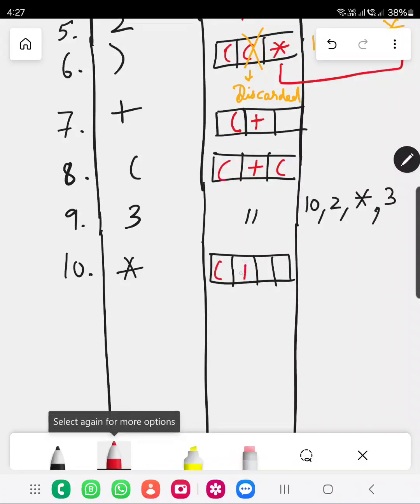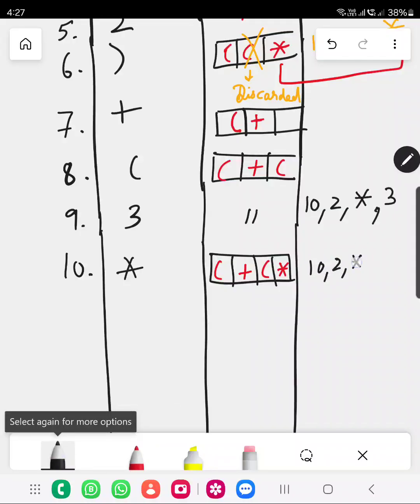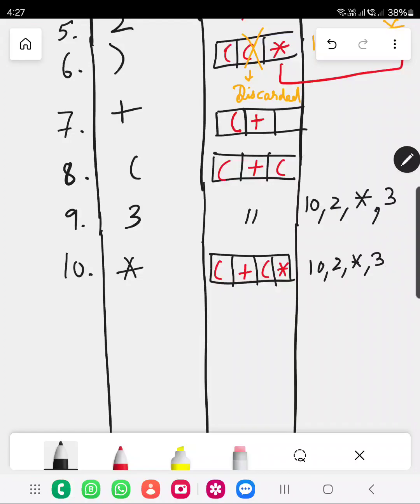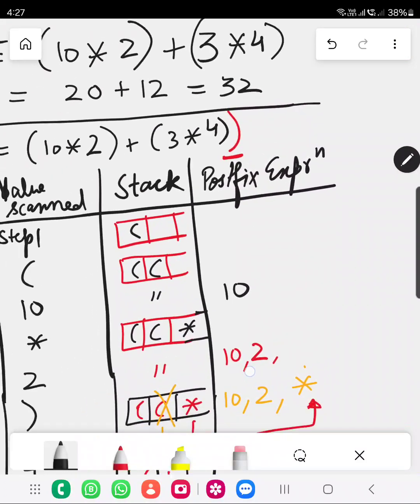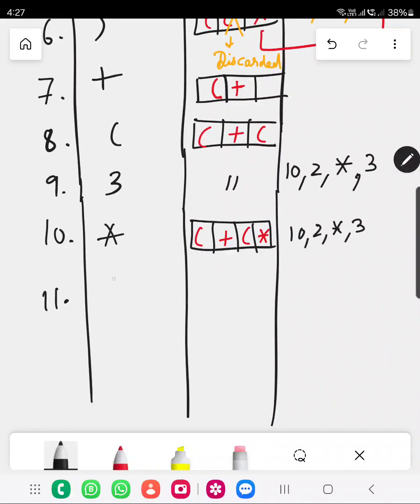We have left parenthesis, plus, left parenthesis, and multiply, and on the right we have 10 2 multiply and 3. Now after this, at the 11th, we have the 4. So 4 will be added, the stack will remain as it is, 10 2 multiply 3 and then 4.